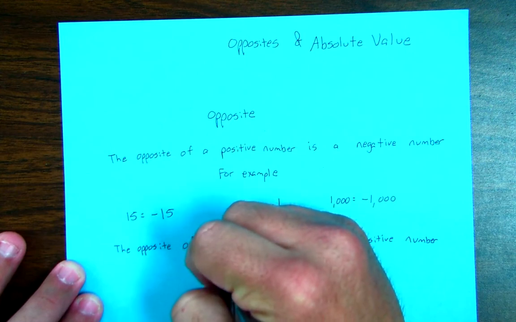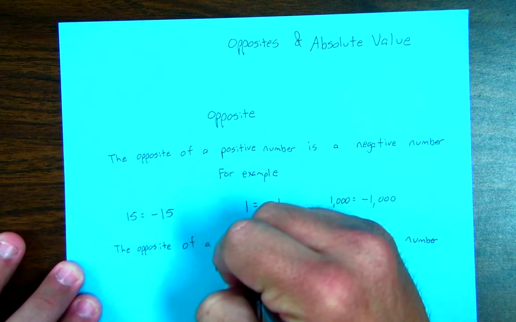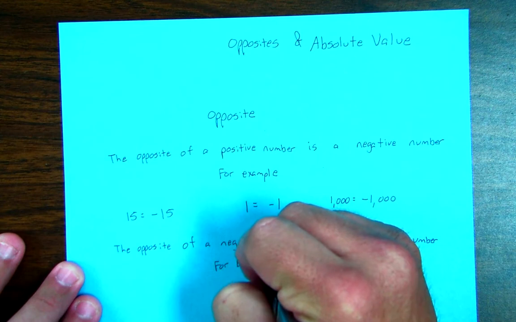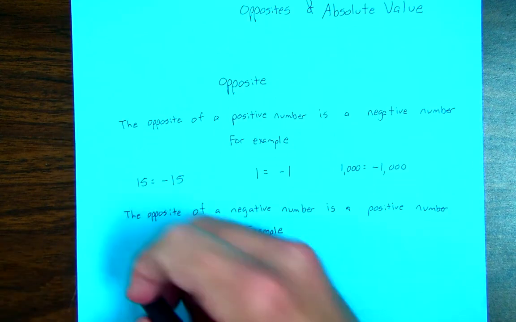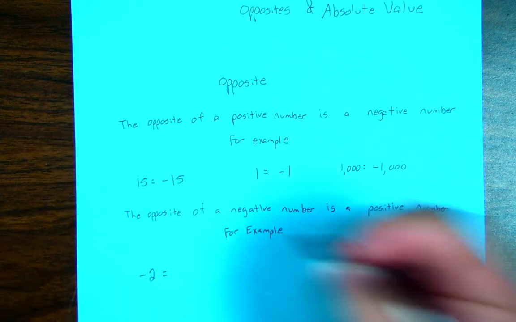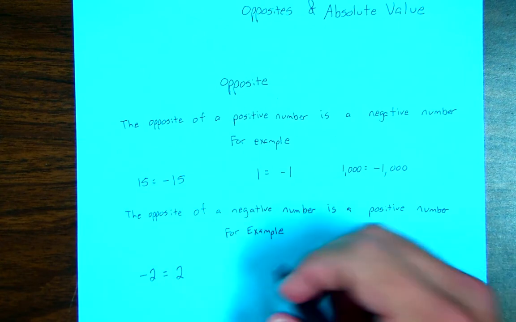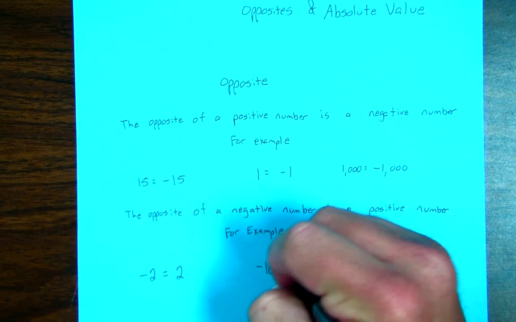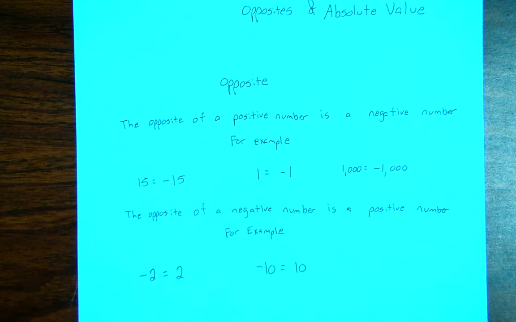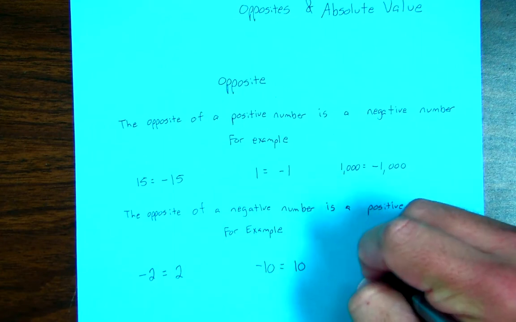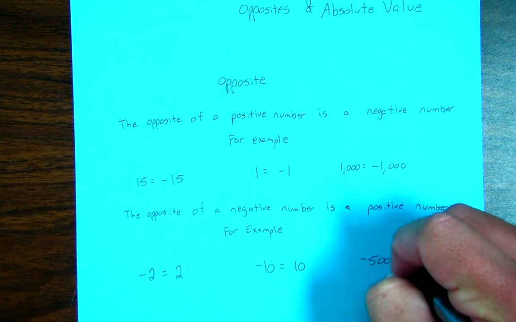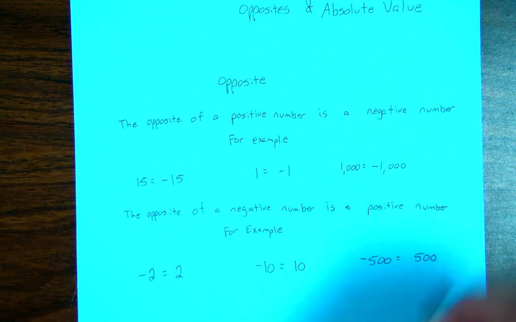For example, the opposite of negative 2 is 2. The opposite of negative 10 is 10. The opposite of negative 500 is 500.